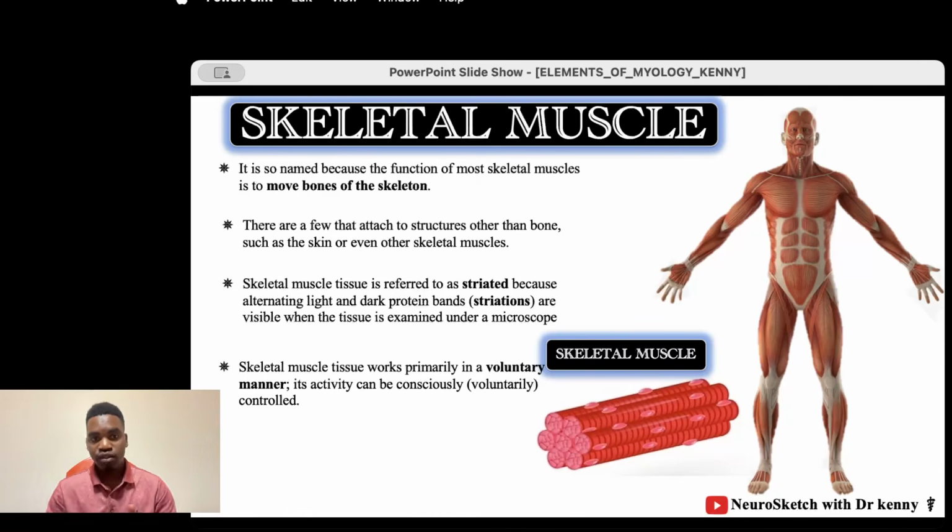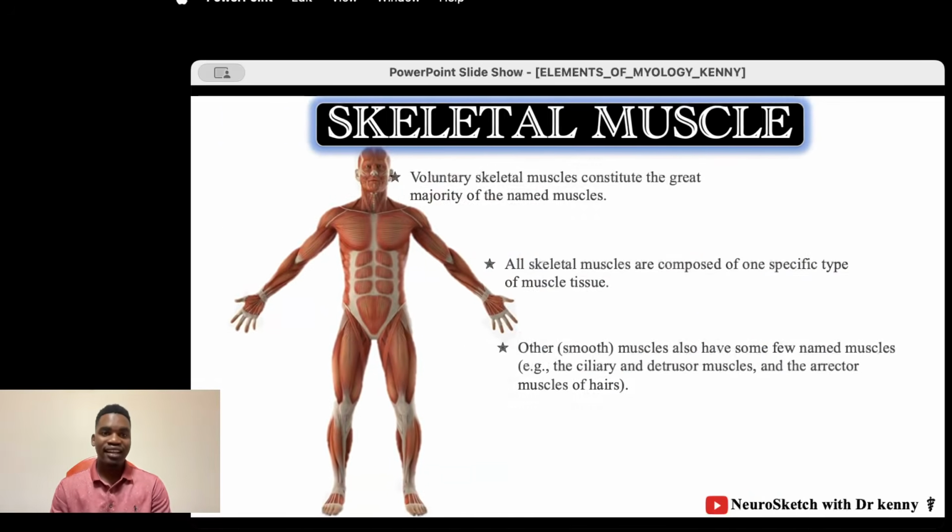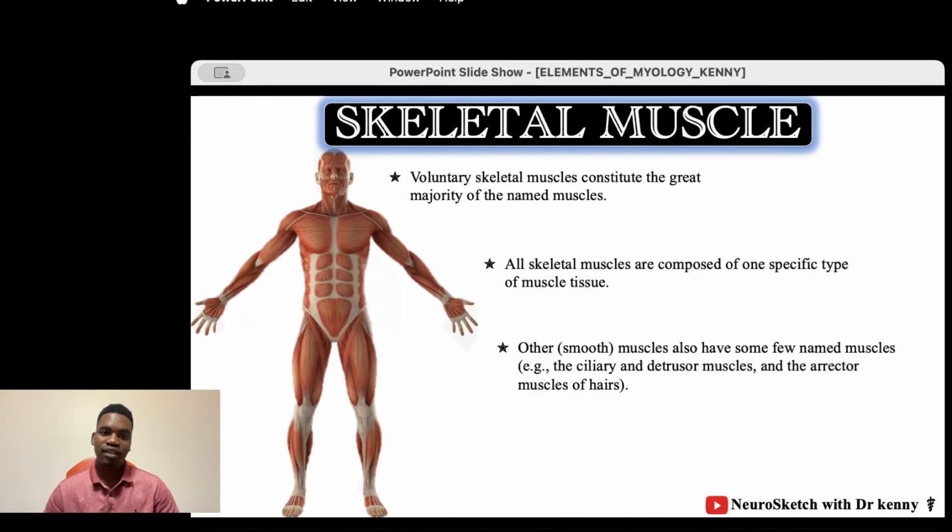Remember, we've said that these three muscular tissues differ in the manner in which they are controlled by the nervous system and the manner in which they respond to the endocrine system. So, as I've said, skeletal muscles are voluntary, they are striated, and they move the skeleton.